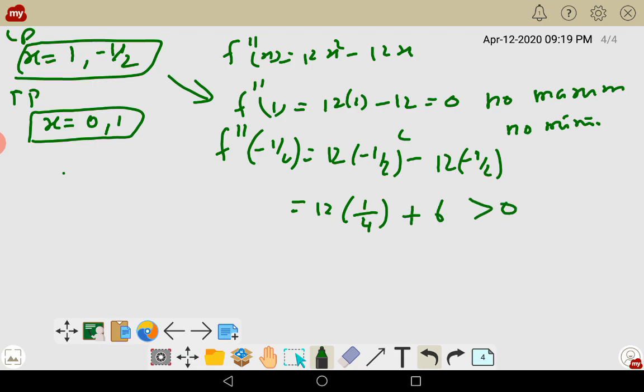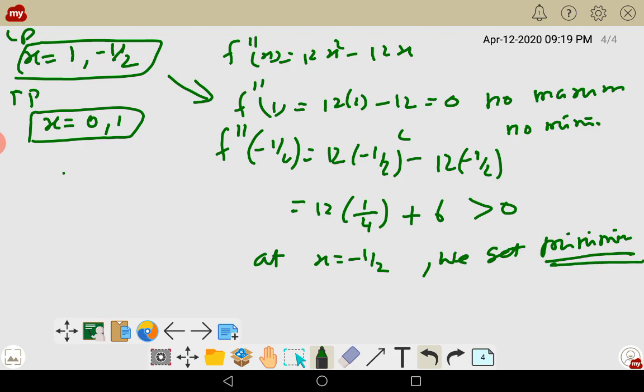So it is positive. So at x is equal to minus 1 by 2 critical point, we get minimum, because f double dash is positive. So minimum value of the curve occurs at x is equal to negative 1 by 2. All this should be written on our graph, isn't it?